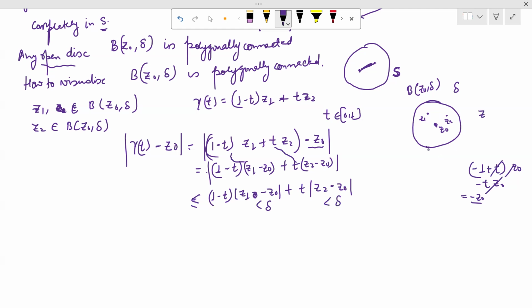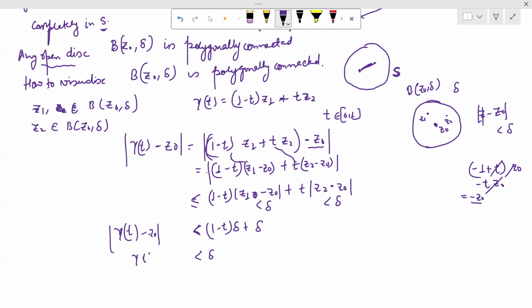See, what does this disk represent? This represents all those complex numbers whose distance from z0 is less than del. And obviously z1 and z2 are interior to this, so z1 minus z0 would be less than del. So after all, what you're getting? It implies that modulus of gamma t minus z0 is always less than (1 minus t) times del plus t times del, so it is always less than del.